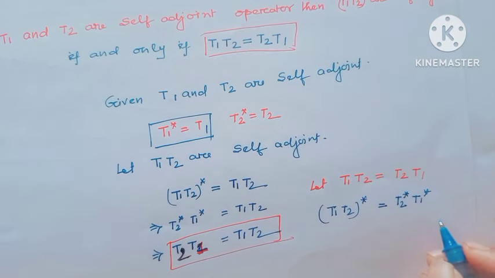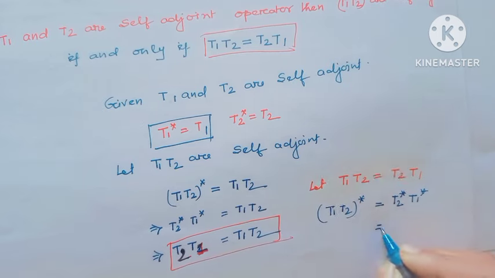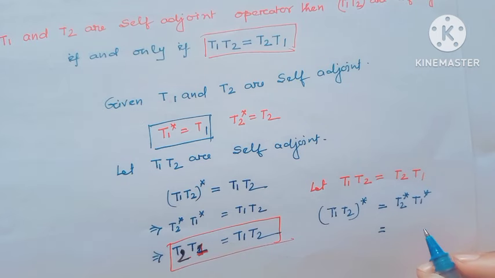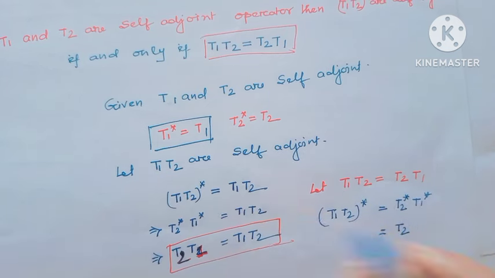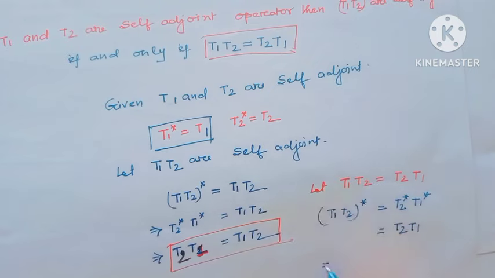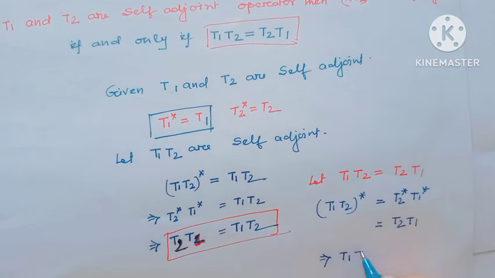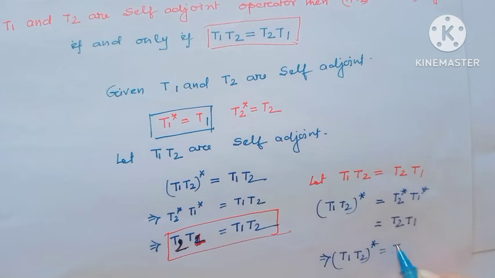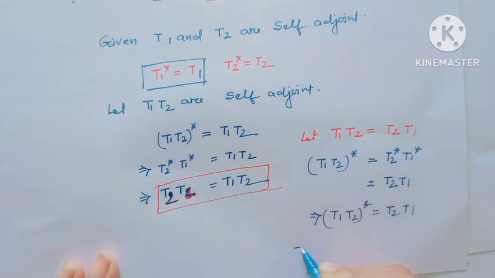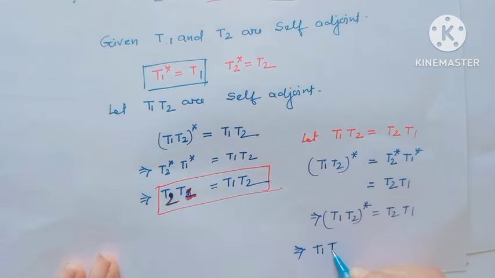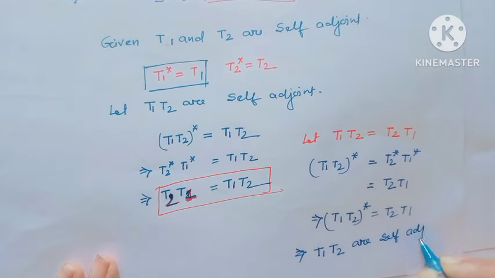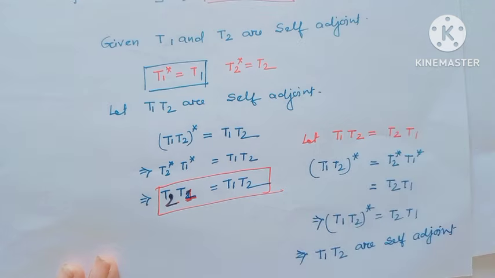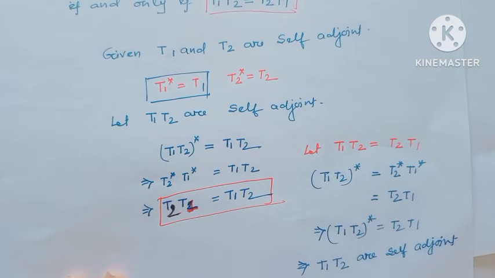T2 adjoint means T2 and T1 adjoint means T1. That means T1 T2 adjoint equals T2 T1, which equals T1 T2. That implies T1 T2 is self-adjoint. I hope all my viewers have understood.